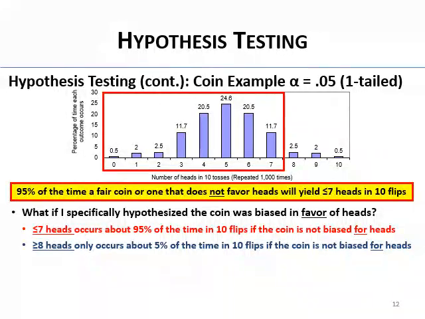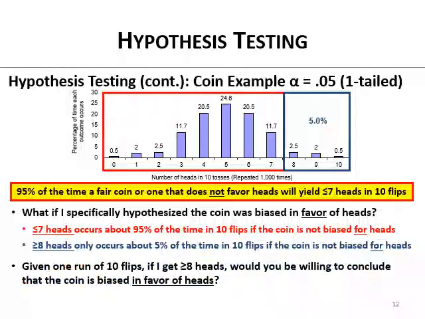So if the coin is not biased, that is, even if the null hypothesis is true and the coin's fair, sometimes you still get 8 or more heads in 10 flips, right? It's just really unlikely. In fact, it only happens about 5% of the time. So that 5% is all in one tail of the distribution. You guys see where the name comes from now?